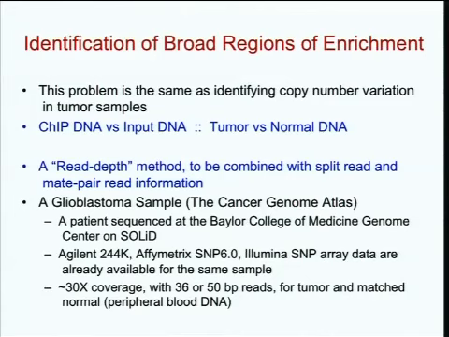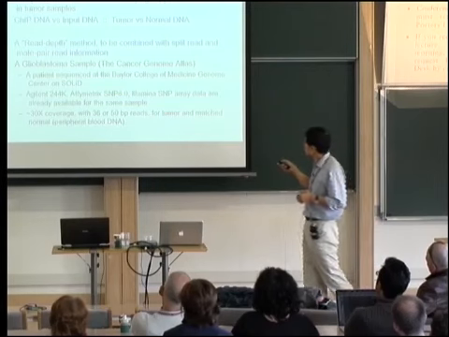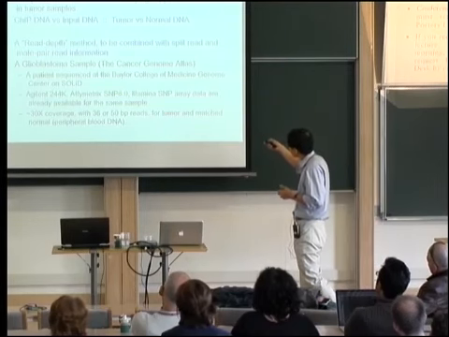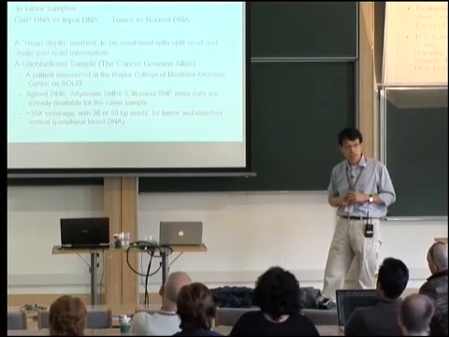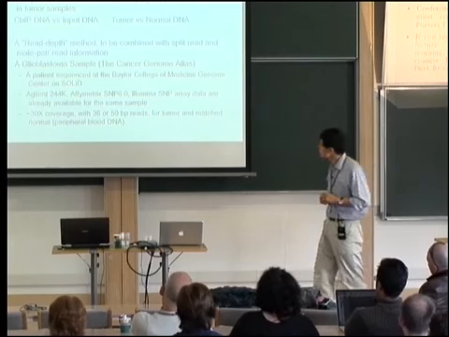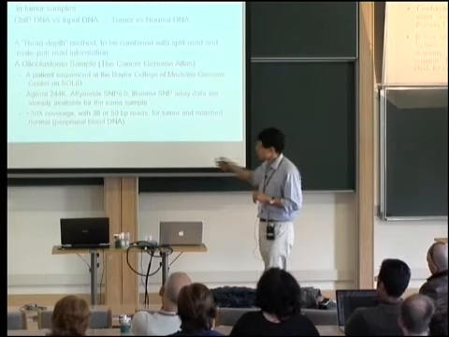Okay? And this method that I'll mention is the read depth method. Okay? So we've heard quite a bit in the last few days about combining this kind of idea with split reads and mate pair read information, so that certainly needs to be done. So I'm going to just talk about this one aspect of it.